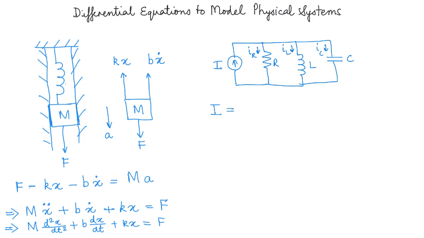Let's say the voltage here is V, and let's say this is the ground. So it's going to be V over R. That's the current through the resistor. What's the current through the inductor? It's going to be 1 over L times the integral of V dt. And what's the current through the capacitor? It's C dV over dt.